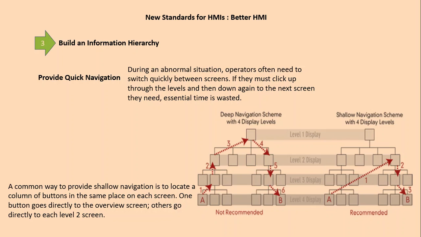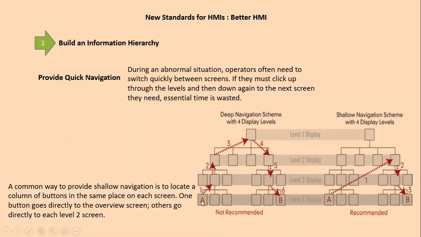Another thing to notice here is that jumping from one part of the HMI screen to another part of the plant should be made smooth. If the operator has to go back to the main screen to go to another part of the plant, then that's not the right design.